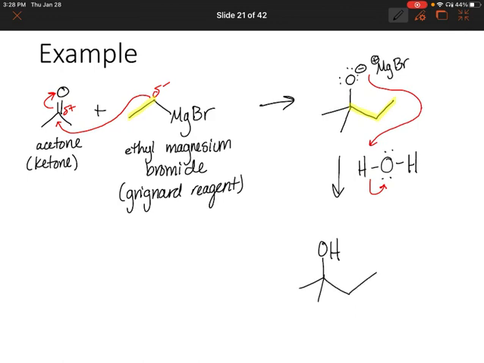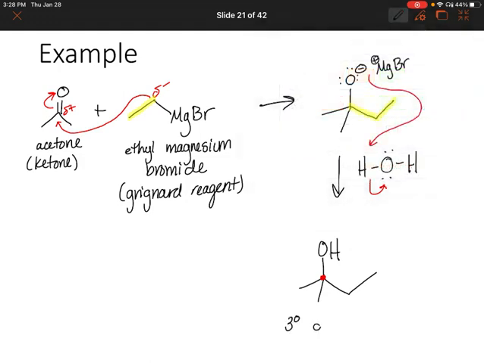And what type of alcohol is this? Is it a primary, secondary, or tertiary alcohol? A tertiary alcohol, because the carbon that the alcohol group is bonded to is tertiary.